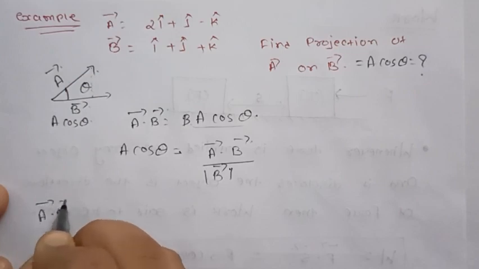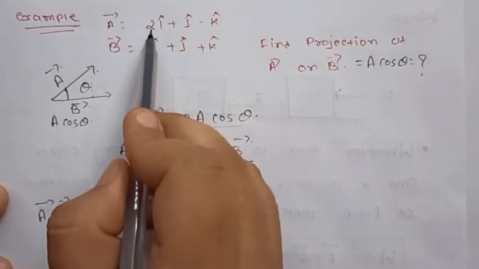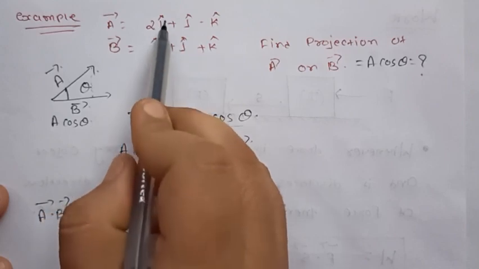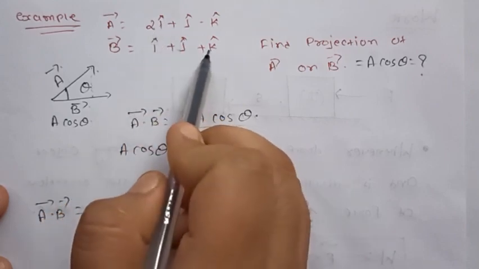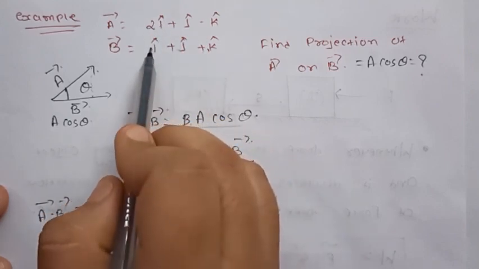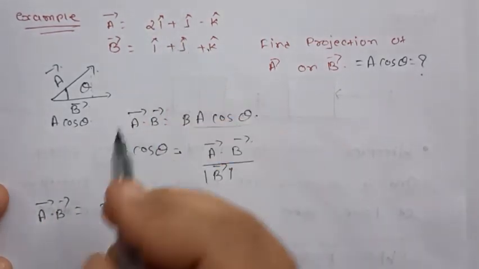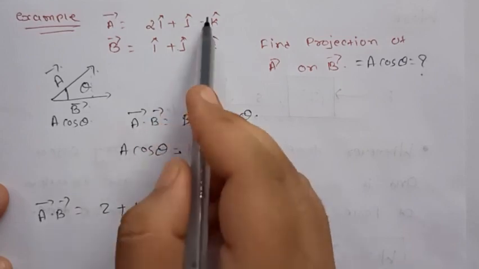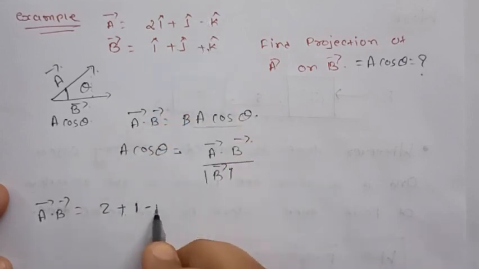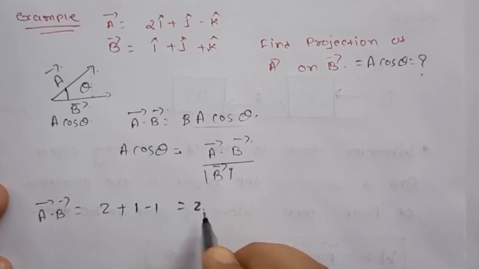So A dot B will be: i dot i is 1, and i dot j, i dot k is 0. So 2 into 1 is 2, plus 1 into 1 is 1, minus 1 into 1 is minus 1. So A dot B is equal to 2.